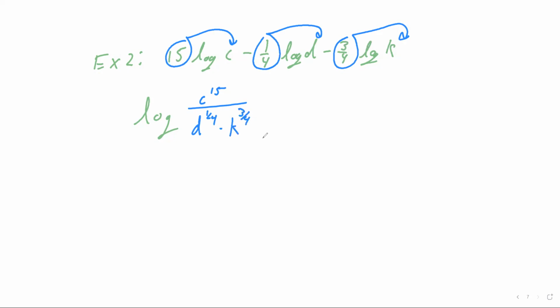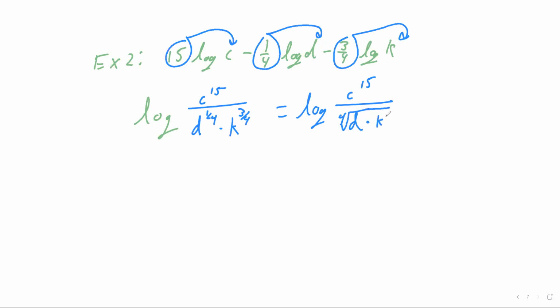I'm going to be completely honest with you. On my test, if you get it to this point, you get full credit. On the homework, they want you to turn these rational exponents into radicals. So this becomes C to the 15th over, if 1/5 was the 5th root, 1/4 is considered the 4th root of D. And because this also has a 4th root, I can combine it as one big 4th root.